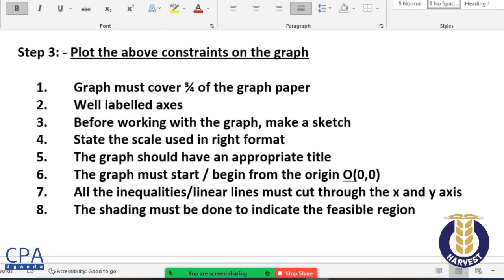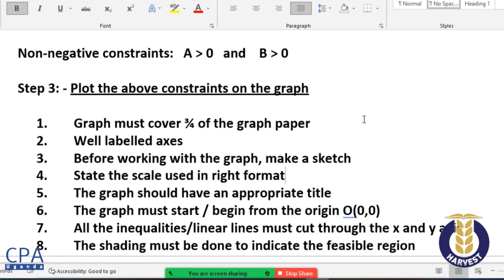Rule number 5, the graph should have an appropriate title. Rule number 6, the graph must begin from the origin. Rule number 7, all the inequalities linear lines must cut the graph through the x and y axis. Rule number 8, the shading must be done to indicate the feasible region. So marks are going to be allocated like that.